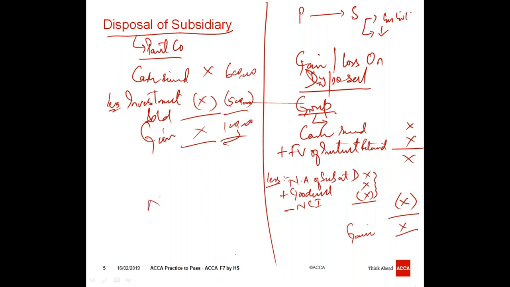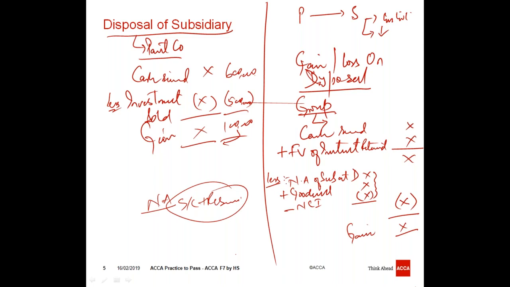When we are calculating the net assets, you have to take share capital plus reserves. Retained earnings is also part of reserves, so all the reserves should be up to the date of disposal. We add these two values and get the value of net assets.